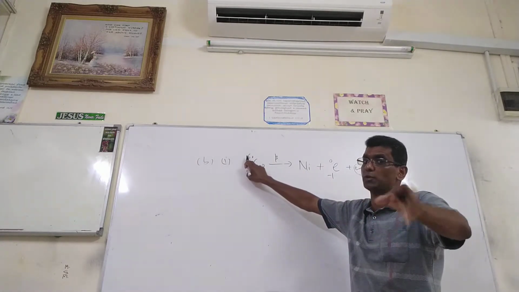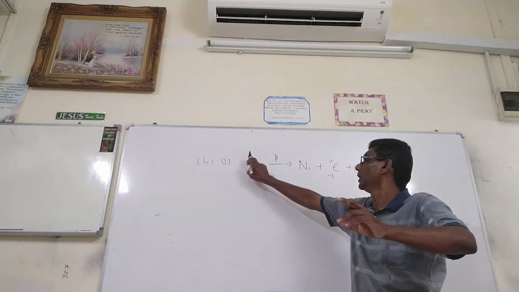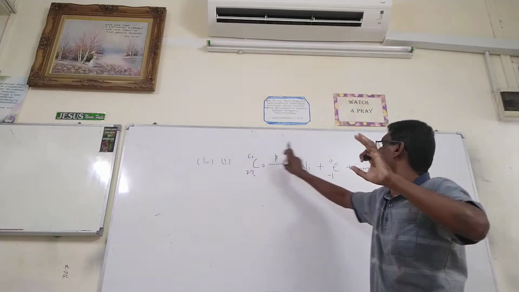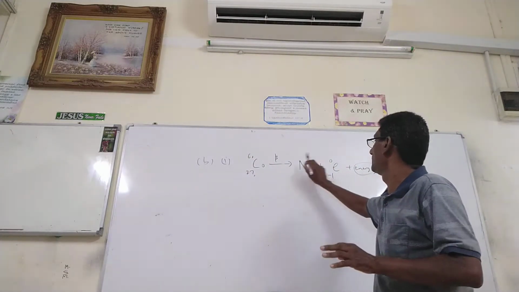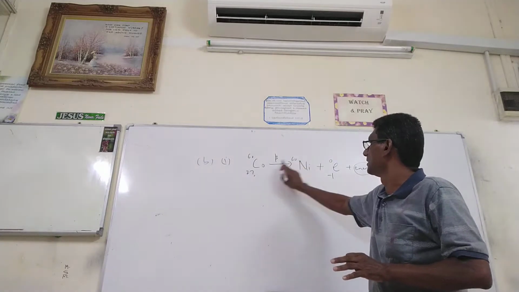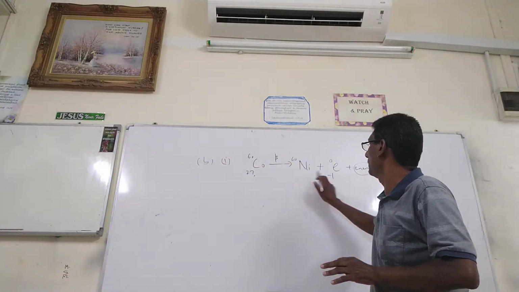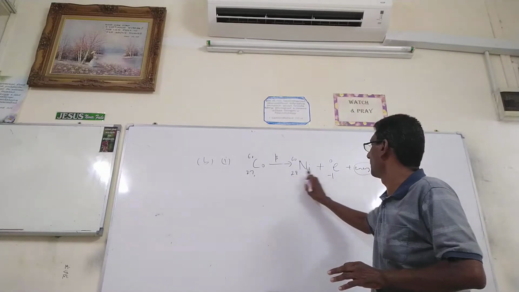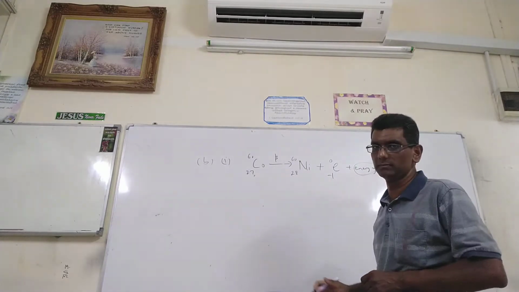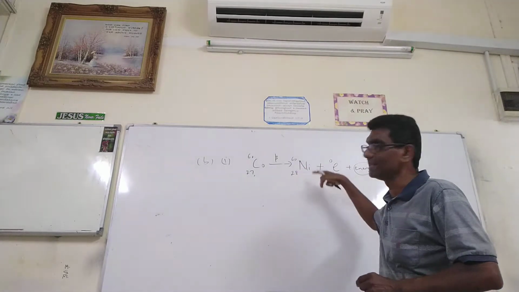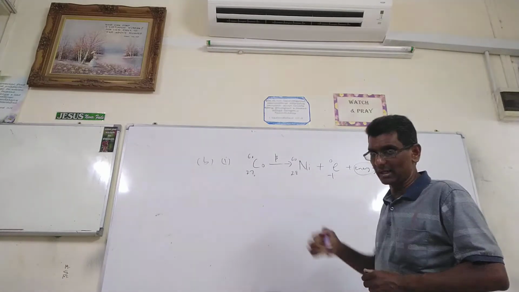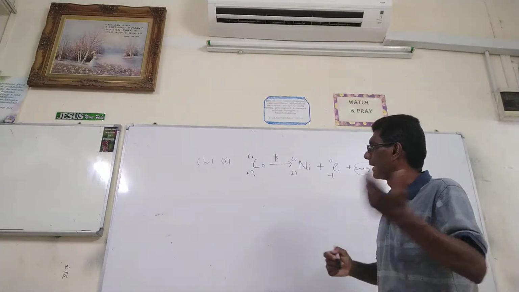I told you this in radioactive decay. So the total nucleon number before and after will be the same. So this one 0 is 60, so the nucleon number is 60, and this one -1 is 28. 28 plus negative 1 is 27. This is how you balance it. Okay, next question.